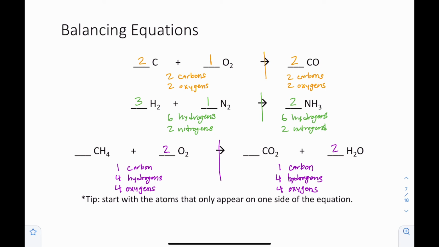Again, the oxygens on the right side are split into 2 different places, but the total is 2 and 2 together make 4 oxygens on the right side of the equation. Again, if you want, you can fill in the 1s instead of leaving them blank.